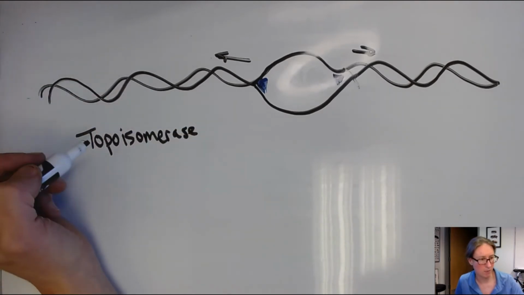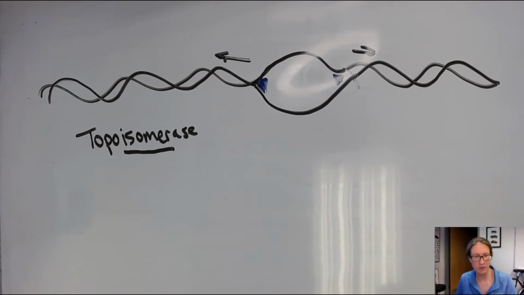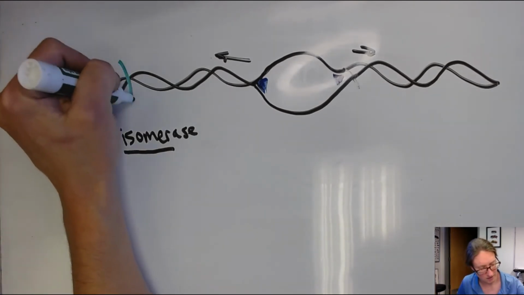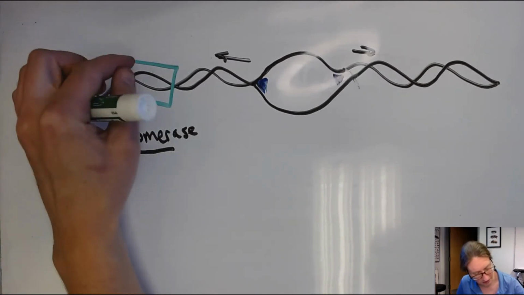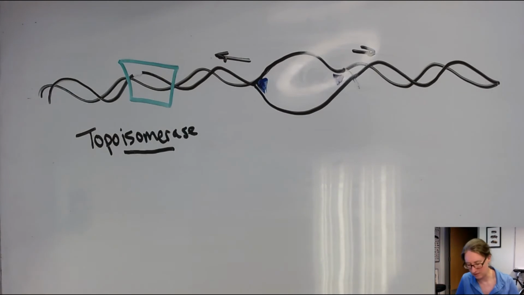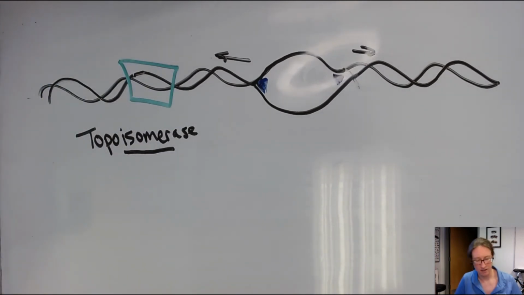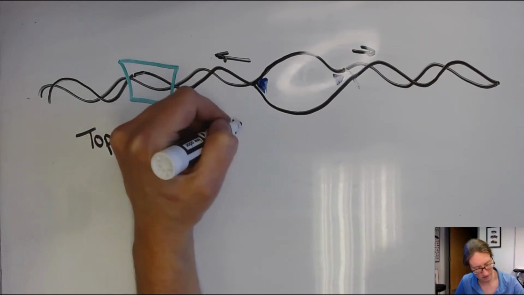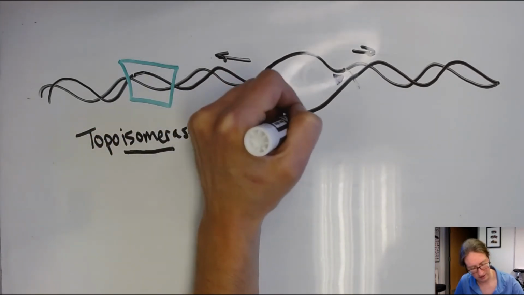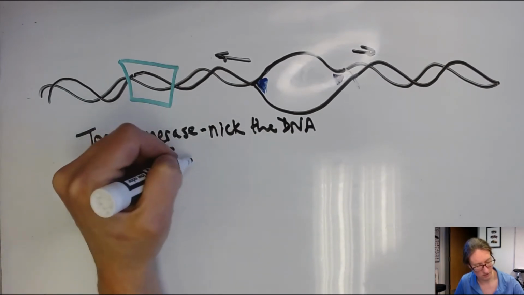So you notice that topoisomerase has the word isomer in it. And so what topoisomerase does is, let's say it's acting right up here, it actually will cut a little nick in one of the pieces of DNA, sometimes in both of them, and it will let it unwind, and then it will rejoin the DNA. So topoisomerase is going to nick the DNA to prevent what's called supercoiling.